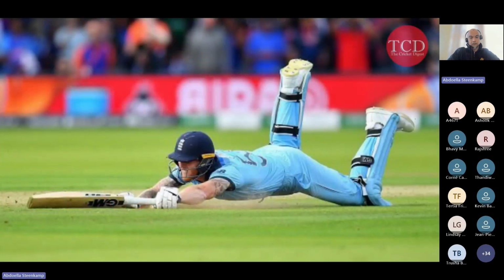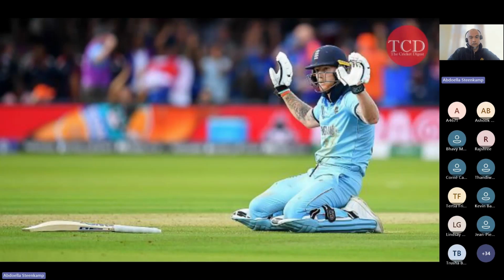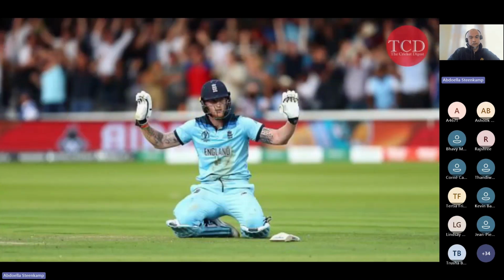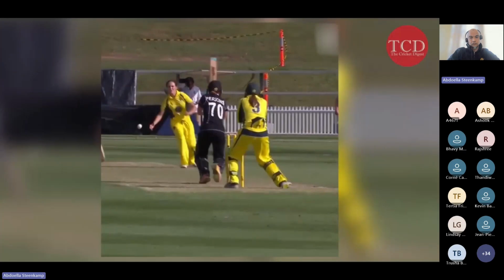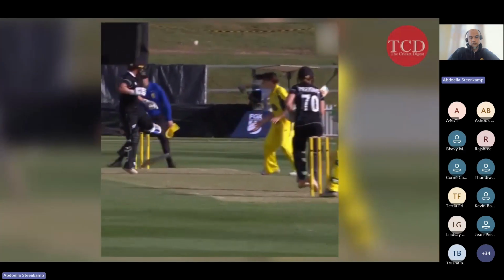But in the case of Ben Stokes, he had come in the way of the throw, but he did not do it deliberately. He was running hard to save his wicket and he did not make deliberate contact with the ball either. It looks unfair to the fielding side in this case, but one should also take into consideration that catching after the ball hits either an umpire or a batsman is valid.